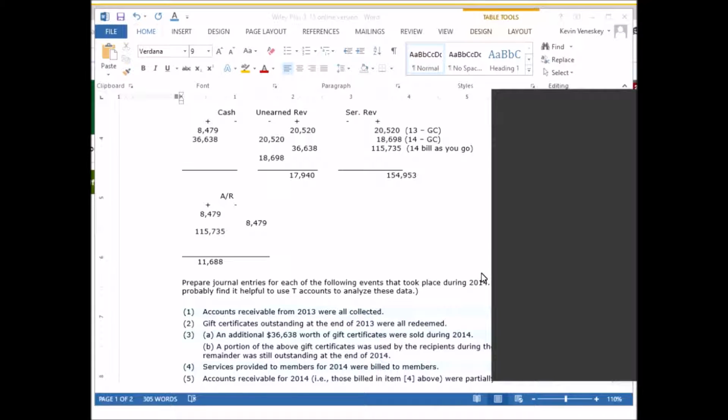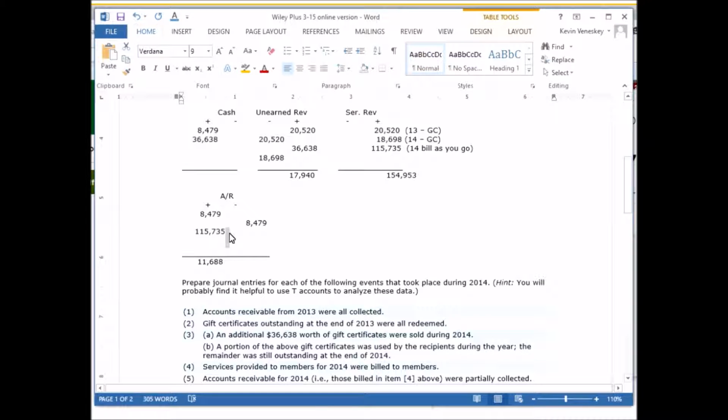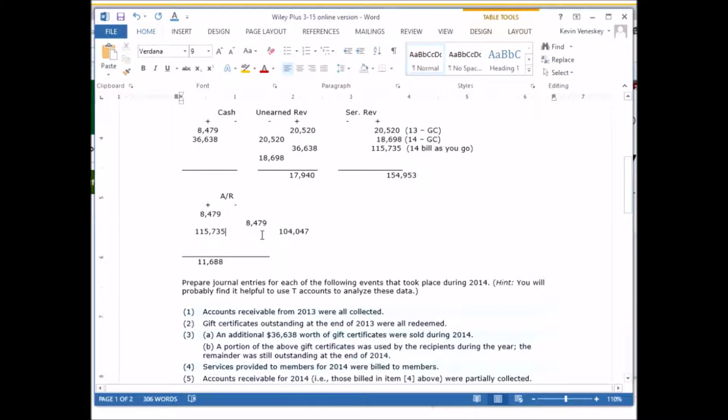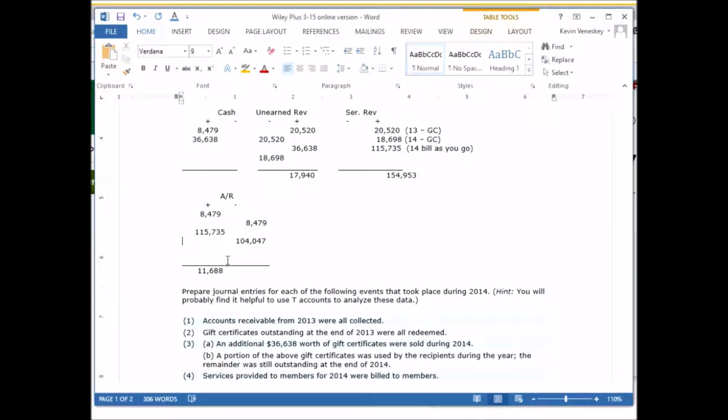The 115,735 minus the 11,688 shows I received cash of 104,047. And that gives me my remaining balance of 11,688.